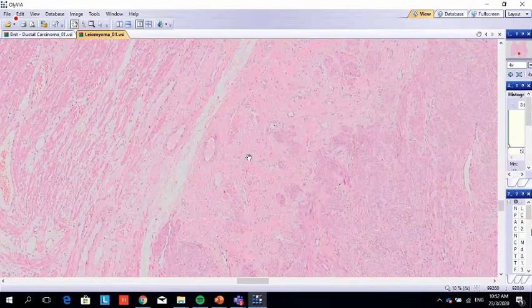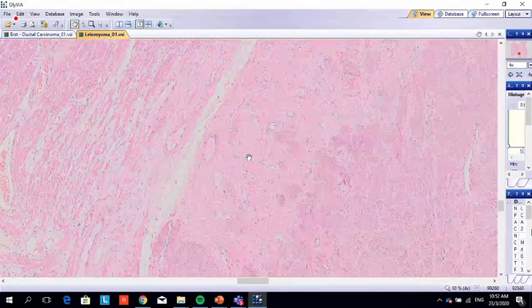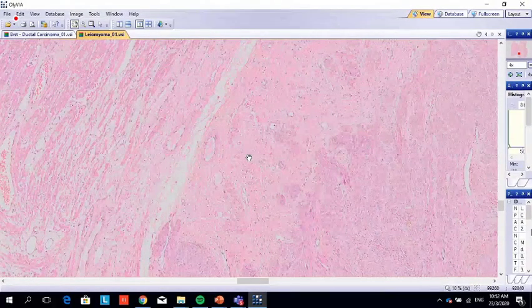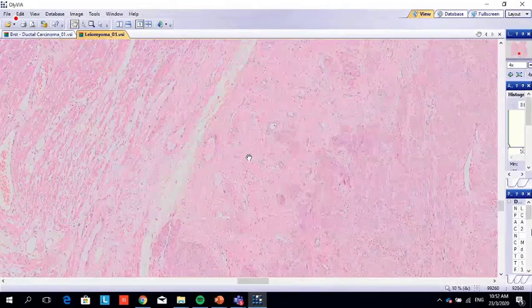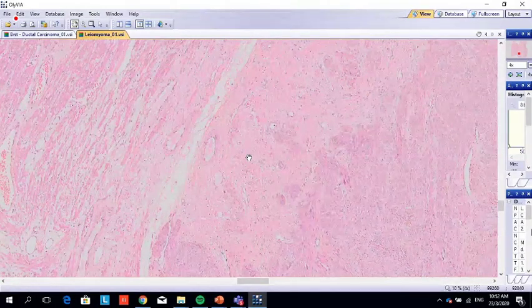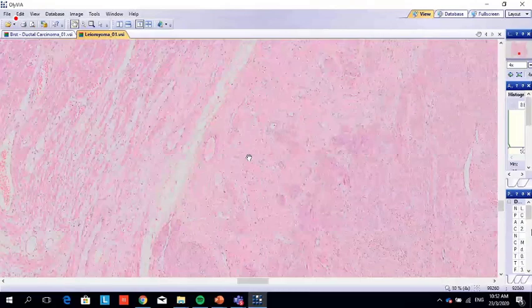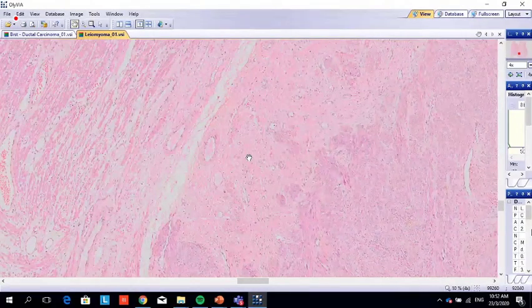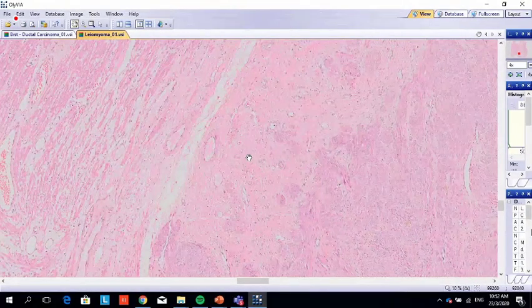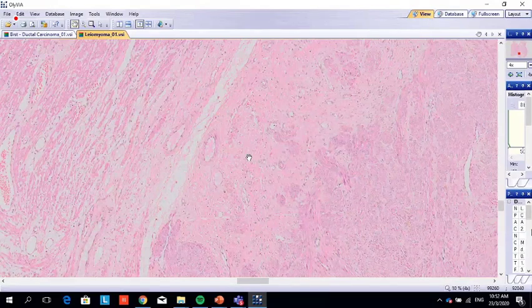Doctor, can you please repeat the name of the stroma? Hyalinized stroma. Name this condition or give your diagnosis.